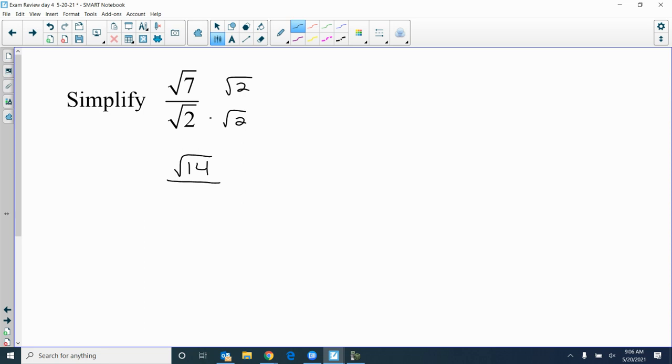Square root of 2 times square root of 2 is just going to be 2 because it is the square root of 4, and we know the square root of 4 is 2. Anytime you multiply a square root times itself, you just end up with that number. You do want to see if 14 simplifies. It doesn't, it's just 2 times 7, so you'll leave that. That'll be fine.